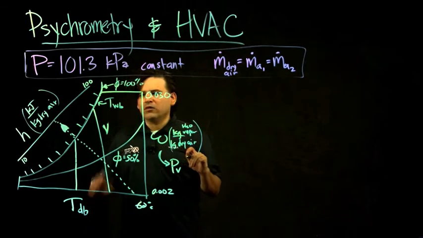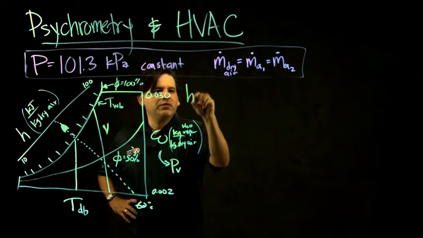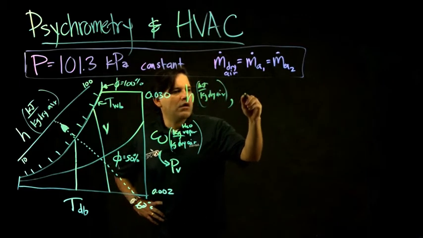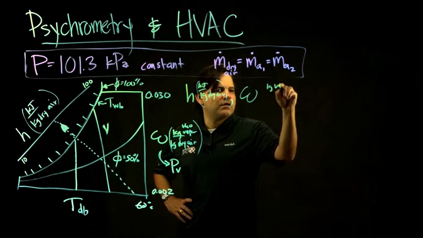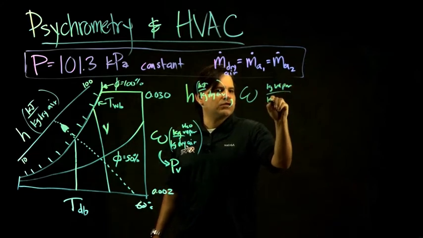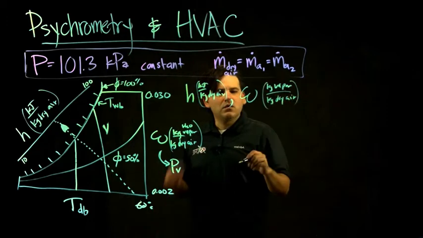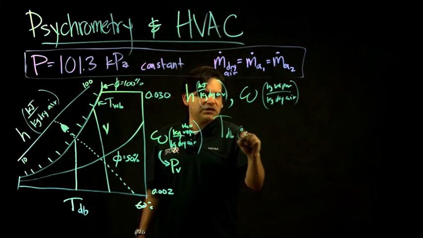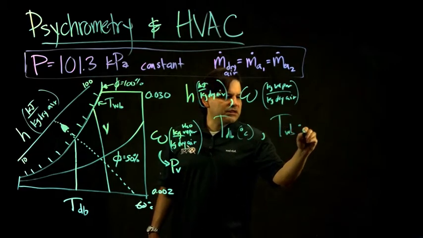So again, I wrote down some of the parameters, but what we're looking at here is the enthalpy, kilojoules per kg dry air, the mass loading, omega, kilojoules of vapor over the kilojoules of dry air. We have temperature of the dry bulb in degrees Celsius, temperature of the wet bulb in degrees Celsius.